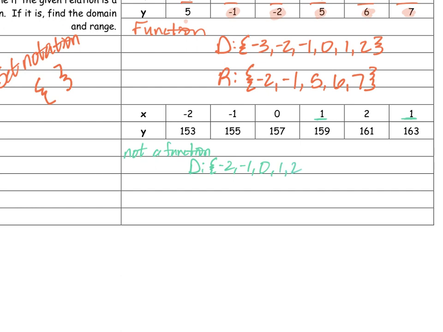0, 1, 2. I don't have to write the 1 more than once, so I just have to write it that way. Okay? And then my range from least to greatest, I think it's already in order, thank goodness. 153, 155, 157, 159, 161, 163.